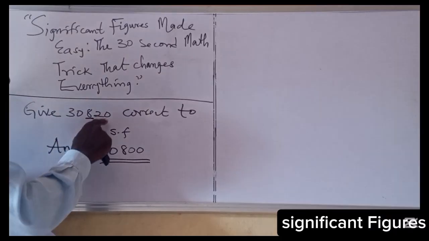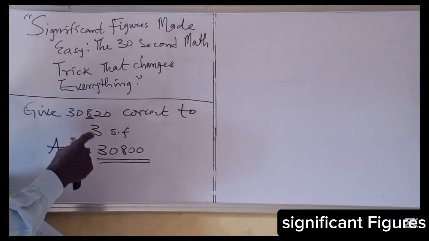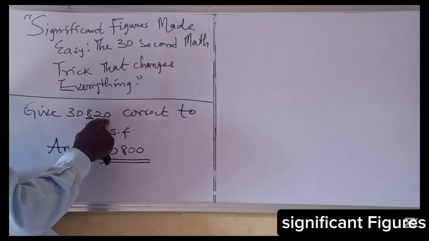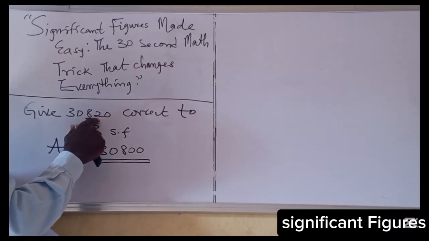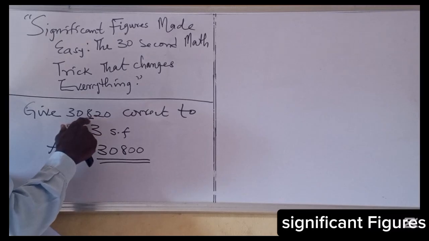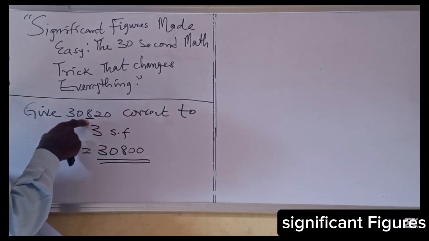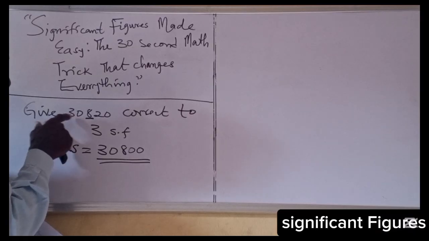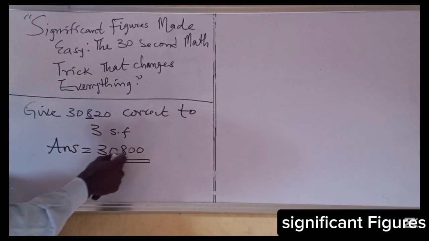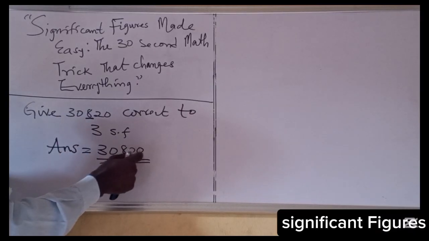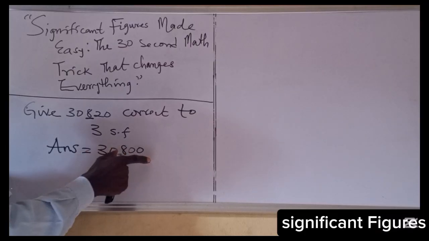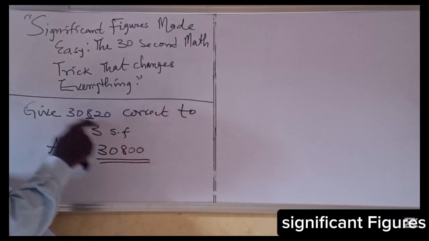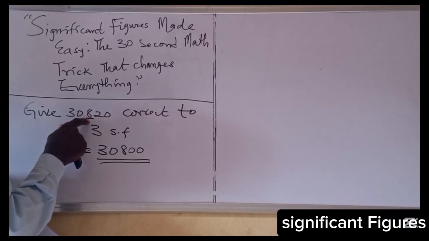Position of the figure. This is from the right-hand side. This first column is unit. This second column is 10. This third column is 100, then 1,000, and 10,000. So by adding this 20, we are still maintaining the position. This is 3,800, and the position is 100.